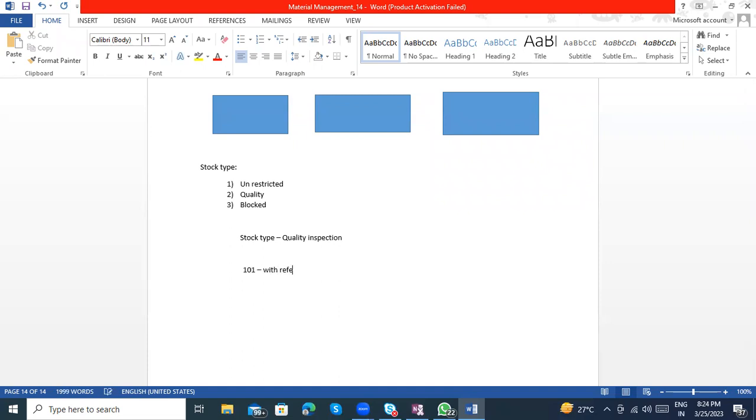So let's say suppose I'm not activating the quality management system in SAP, but for certain vendors I want to activate this stock type in the purchase order. Can I do that?